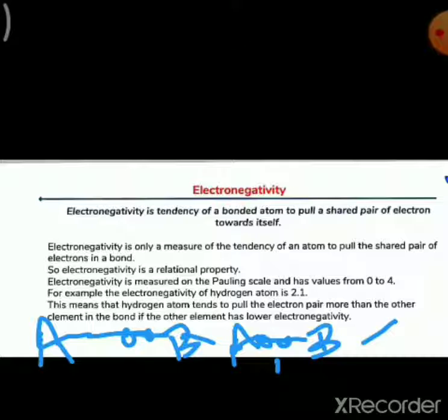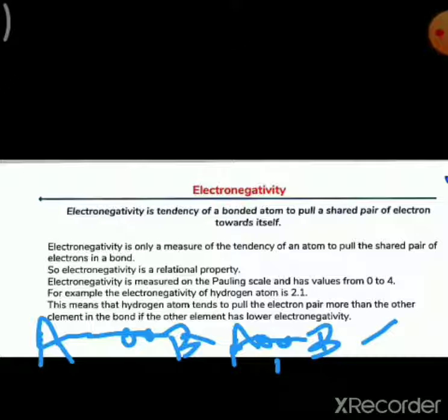Electronegativity is only a measure of the tendency of an atom to pull the shared pair of electrons in a bond. It is not an accurate value, it is only a relative value. So electronegativity is a relative property.